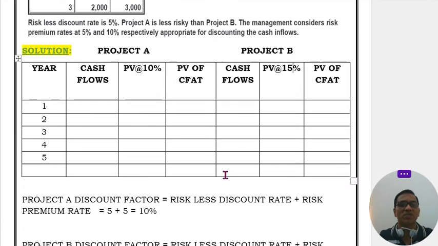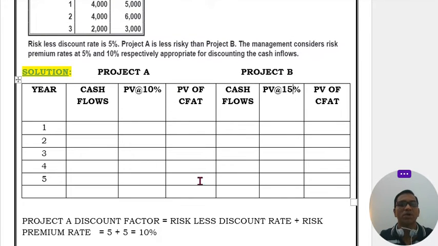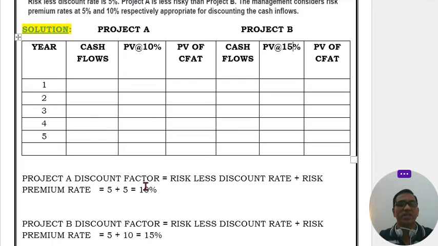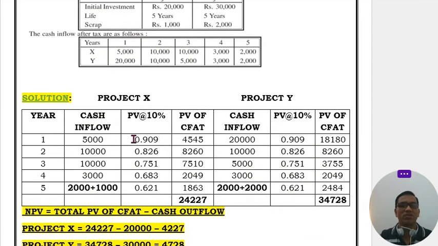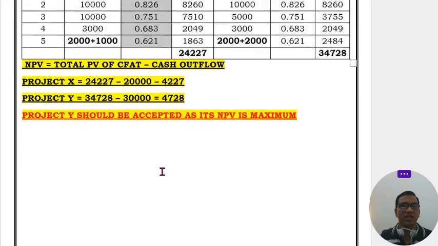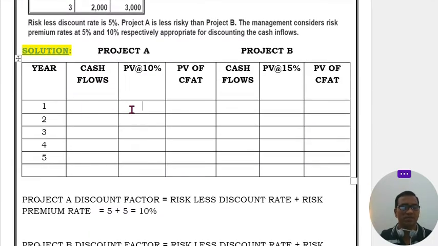Riskless discount rate is 5% for both, but risk premium rate is 5% for A, so 5 plus 5 is 10. For project B, risk premium is 10%, so 5 plus 10 is 15%. So we take PV table values at 10% and at 15%. The 10% table value I already calculated before, so it is ready. I am taking it directly from here, copy paste.